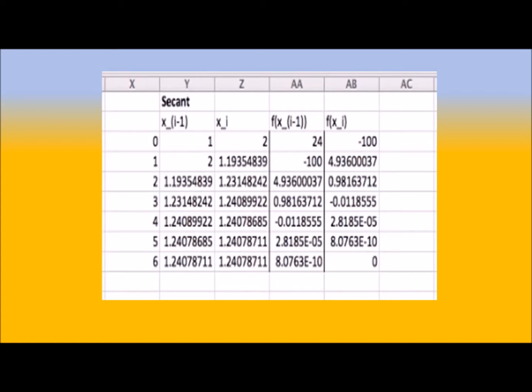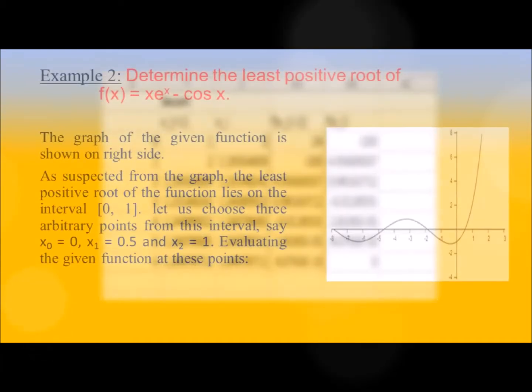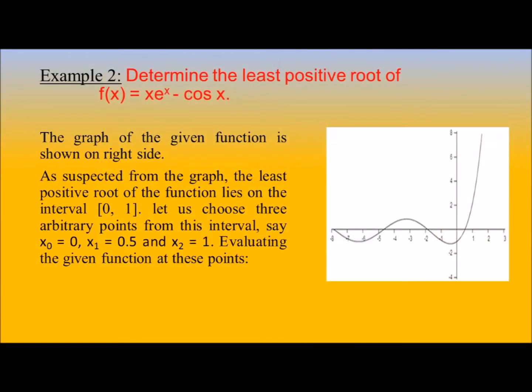Yes, so in the Newton method, we are getting the answer after only 4 iterations. So it is mostly the same in this case. Let's see another method, the secant method. Here we get the answer after 6 iterations.